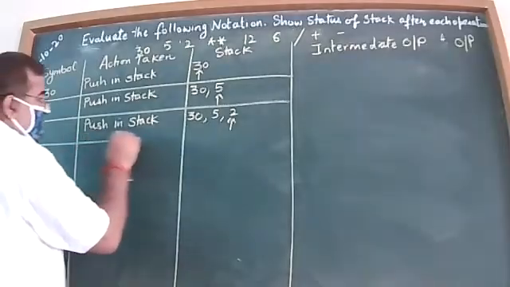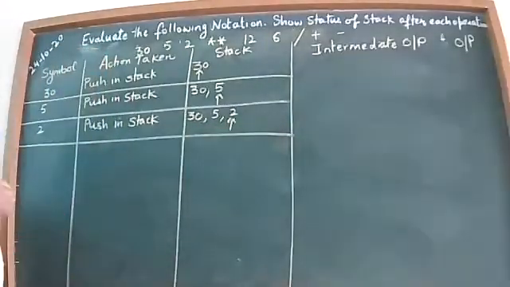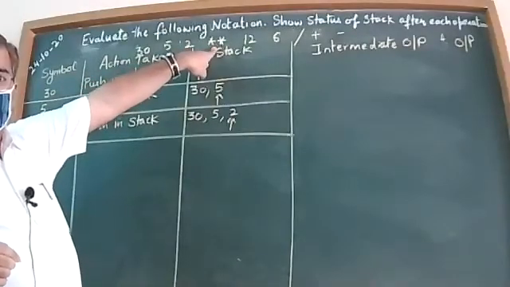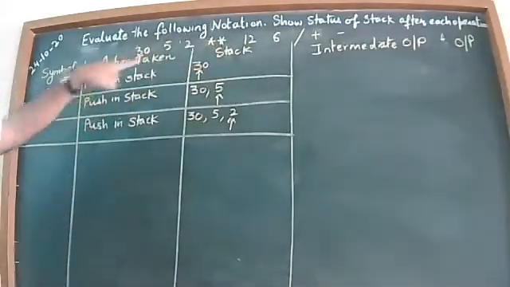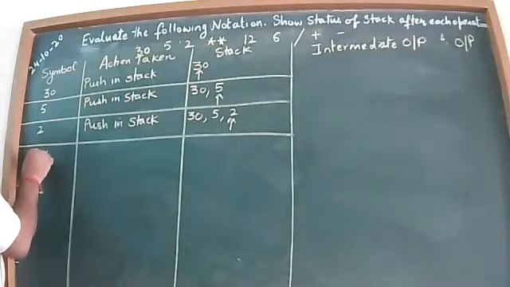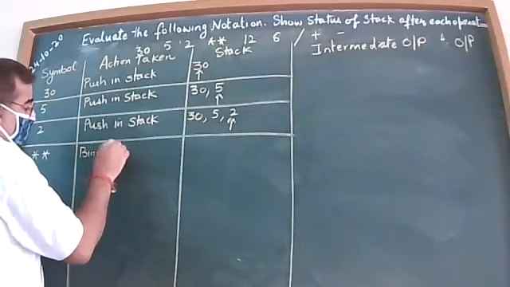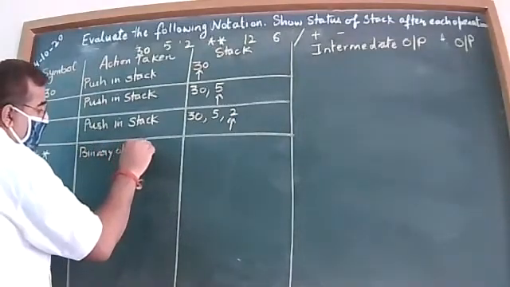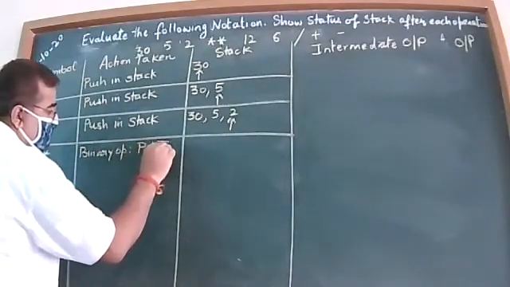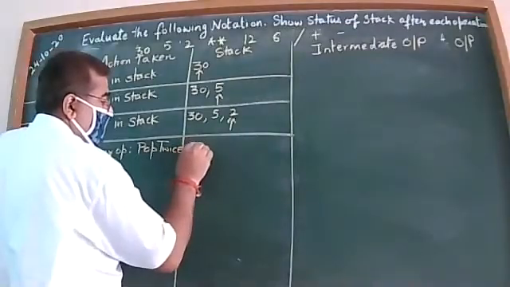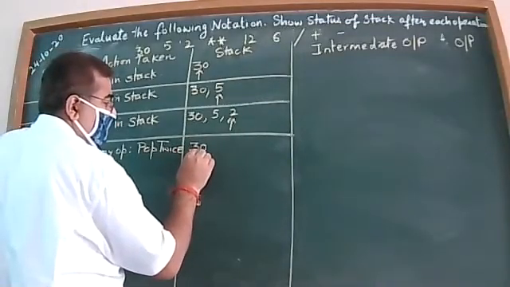In the next stage, now I encounter double asterisk, that is the power symbol, raised to power. Binary operator, pop twice. So when I pop twice, I am left with 30 only.